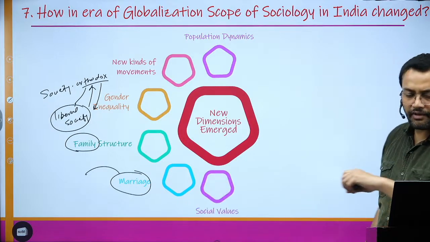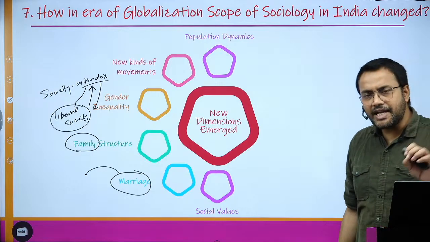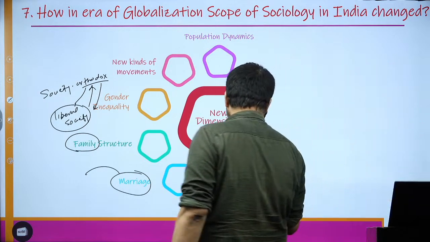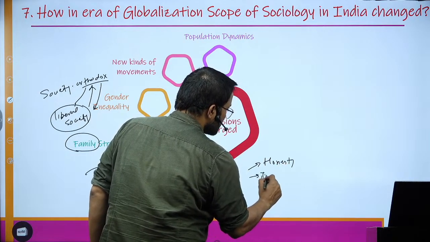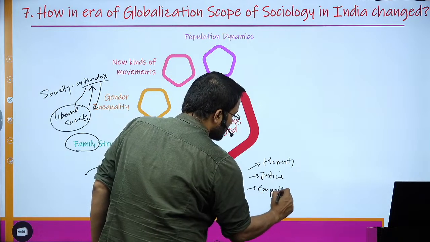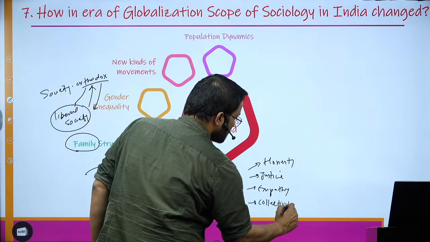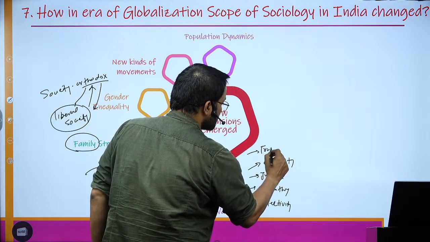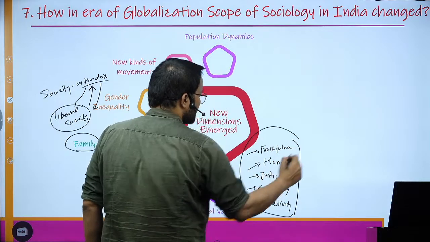Then we have social values. We talk about social values because now even the values have changed. Earlier, you talk about the values of honesty, justice, empathy, collectivity, truthfulness, now all these values have gone through a radical change.